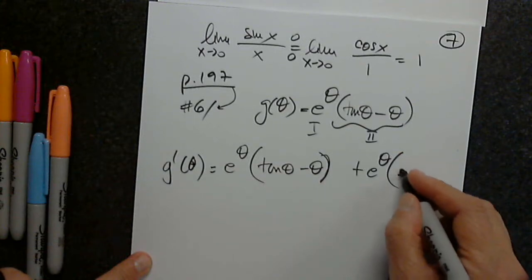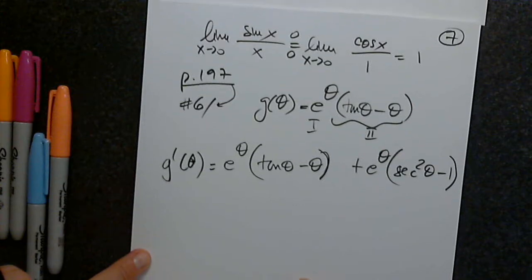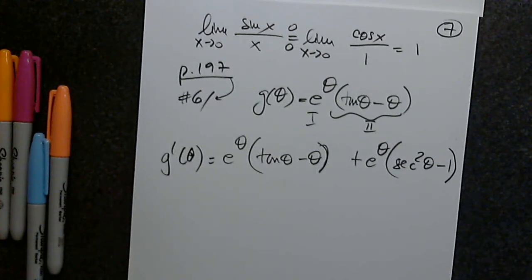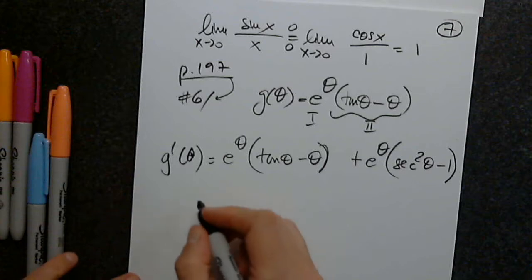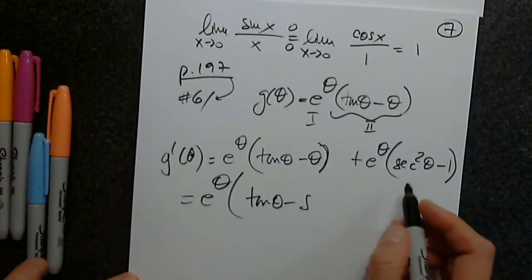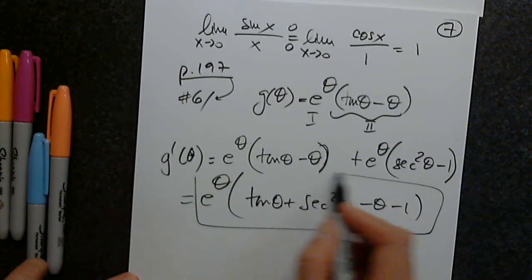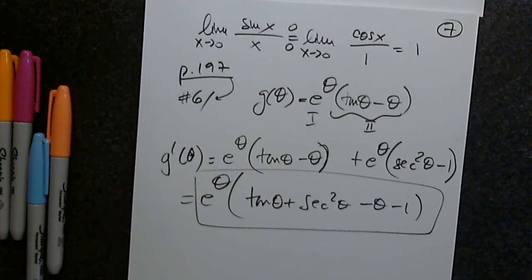Tangent prime is secant squared, minus theta prime is 1. You can leave it as is, or you can simply factor out e to theta: tangent theta plus secant squared theta minus 1. No one can do anything to it anyway, so you don't have to do anything. Any questions?